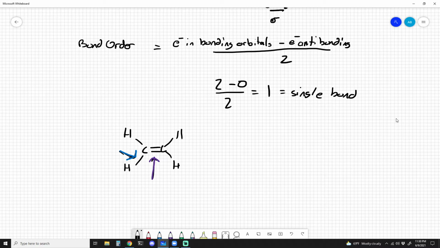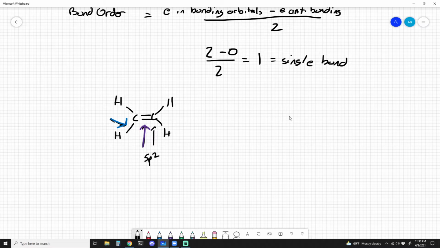This time we have a little different situation because our carbons are both sp2 hybridized. So before we start our molecular orbital, let's look at the orbital diagram for just the carbon. Here's our base carbon, 1, 2, 3, 4.